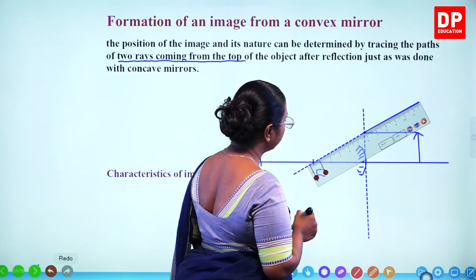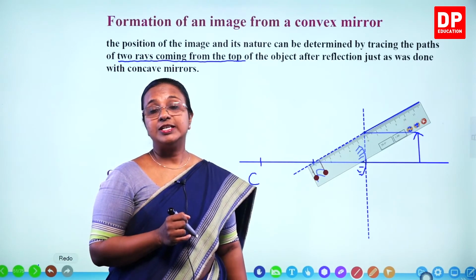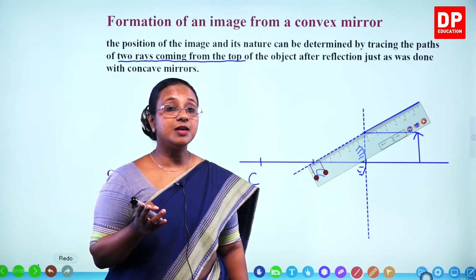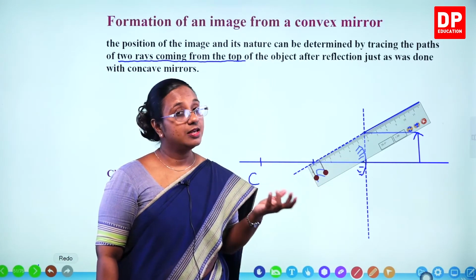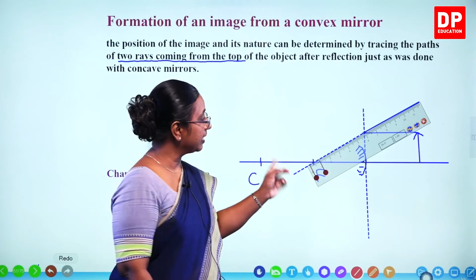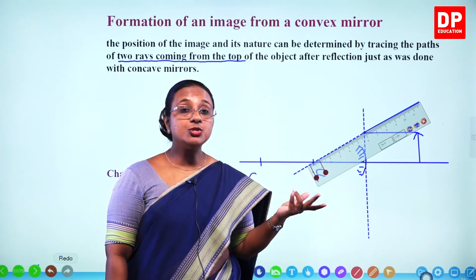Then we have to take another ray that is coming towards the mirror. What are the other types of rays? One ray comes along the principal axis. No point in showing that because it has to come from the top of the object. So there are two more rays.